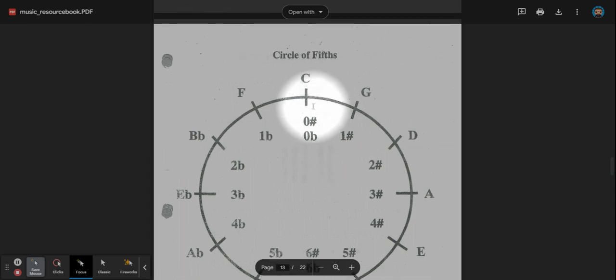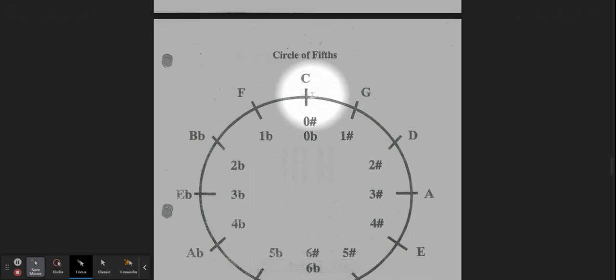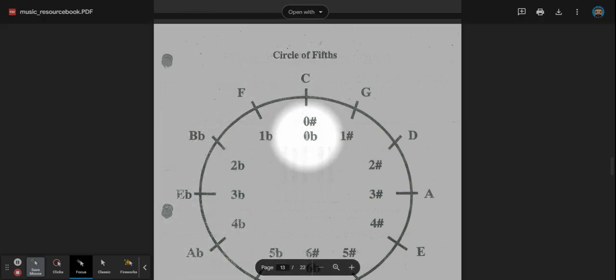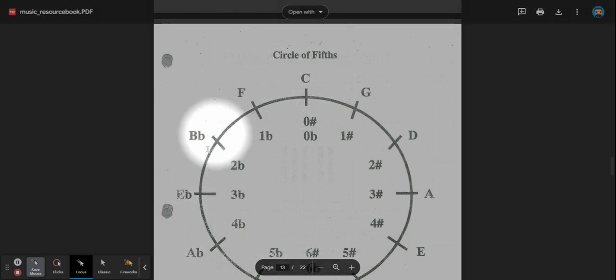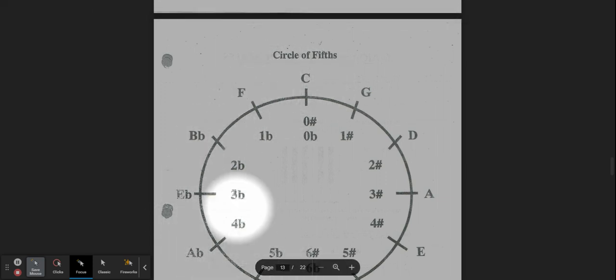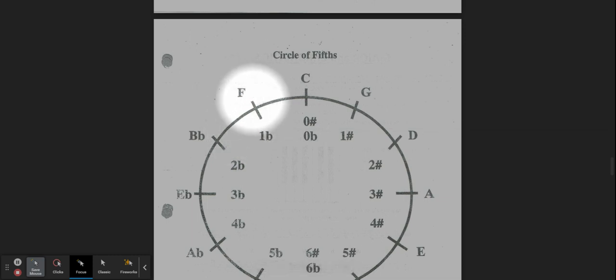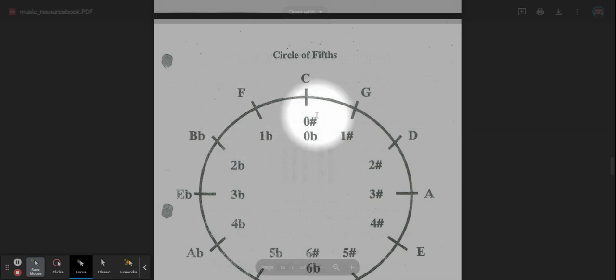But if you are learning a traditional wind instrument in a band, we teach the circle of fourths because these are more common keys for flutes, clarinets, bass clarinet, alto saxophone, tenor saxophone, baritone saxophone, all those instruments that are in band.